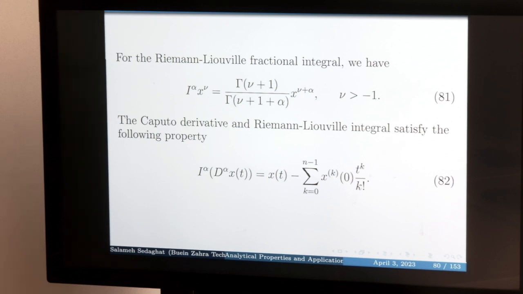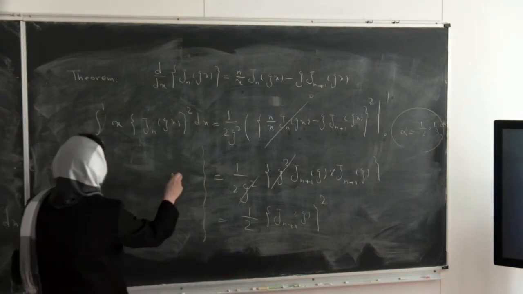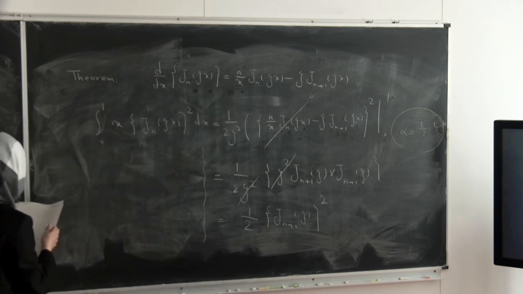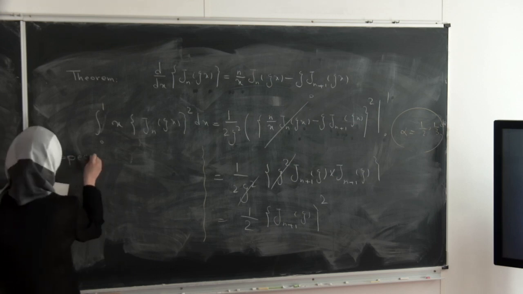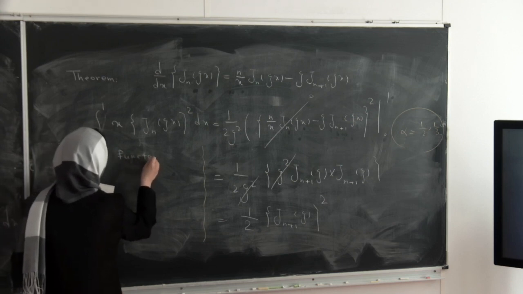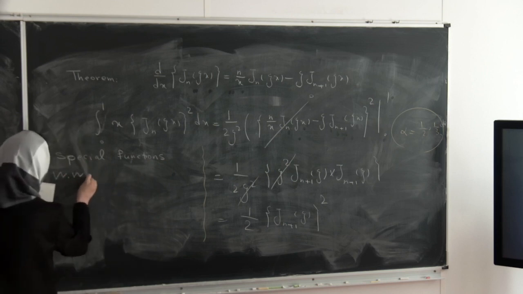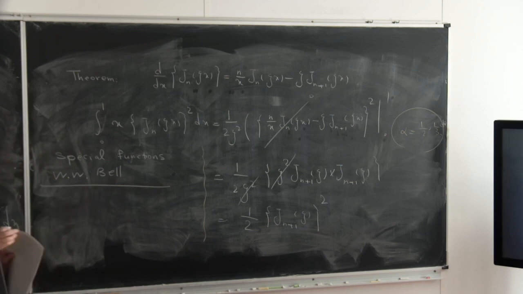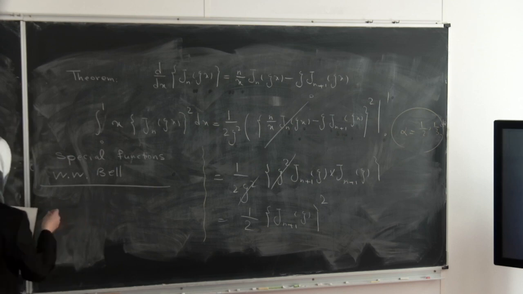Okay, here I want to give you some references for proving this theorem, and it's this book, Special Functions by Bell. A good book, and you can find a lot of information about properties of orthogonal polynomials and Bessel functions.